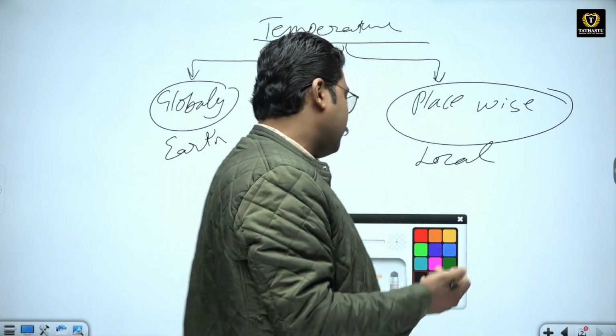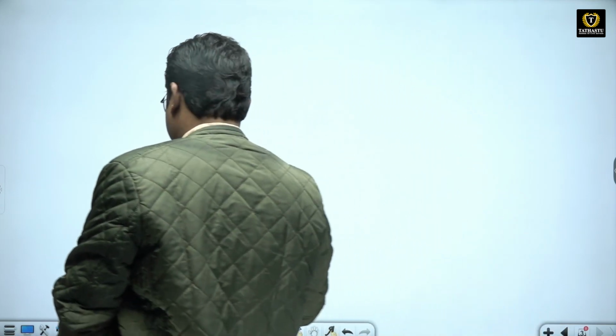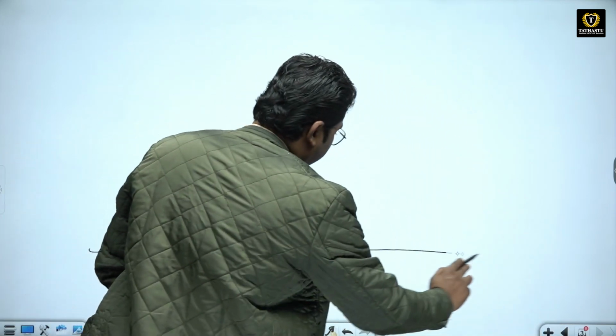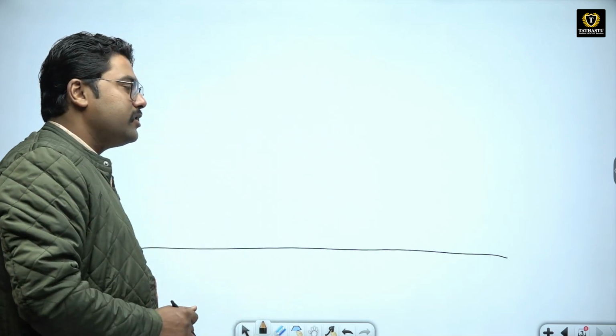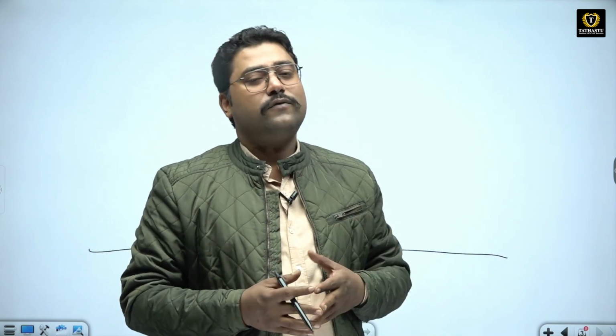So if we talk about the global pattern of distribution of temperature, as we have seen in latitudes and longitudes, the earth is tilted on its axis, or simply inclined. So due to the inclination, or axial tilt, of the earth, the sun rays coming to earth are not equal for the whole earth.